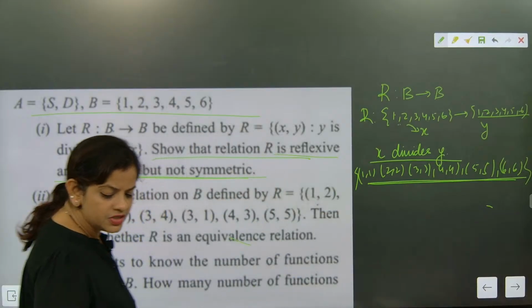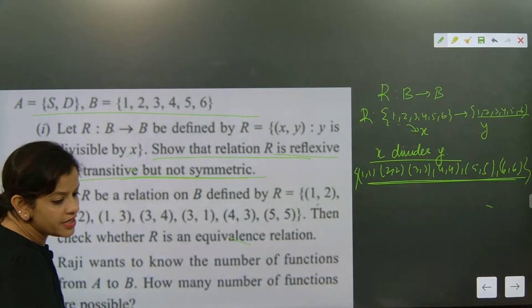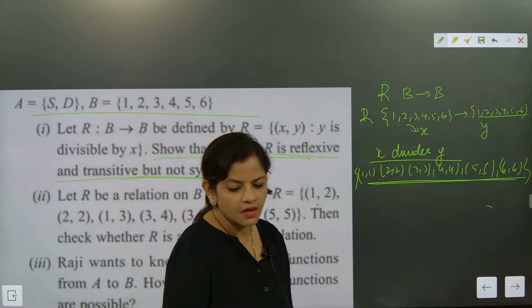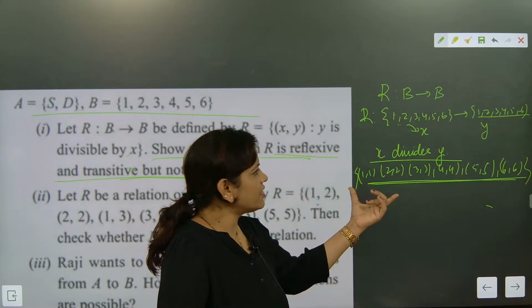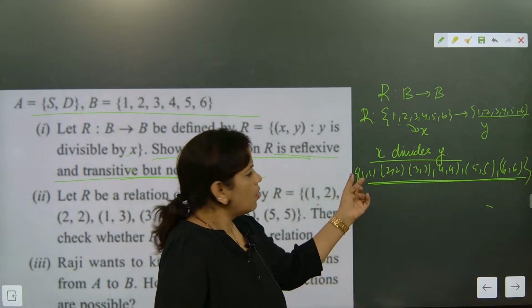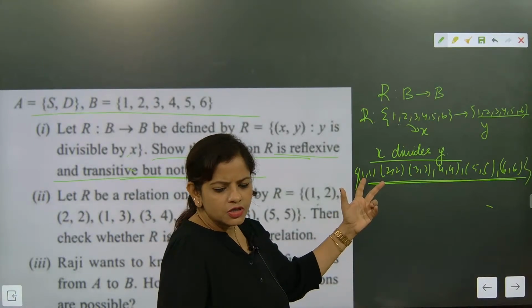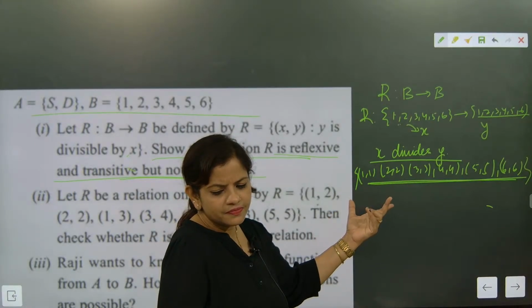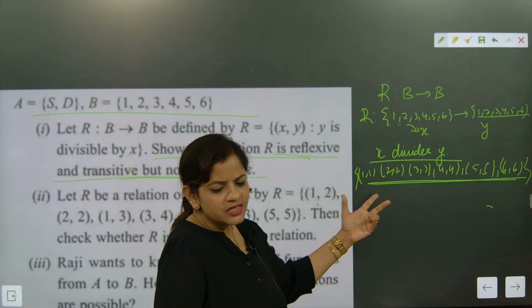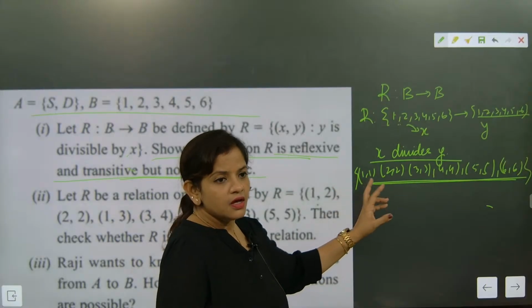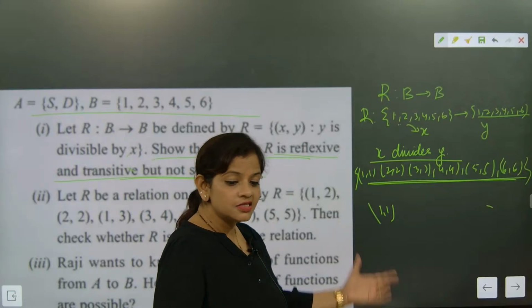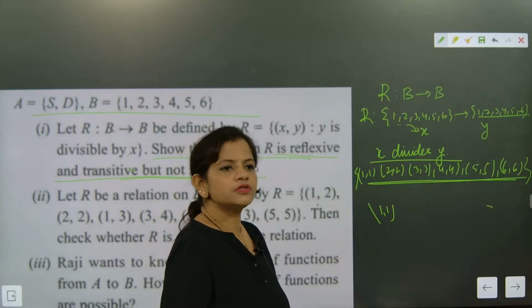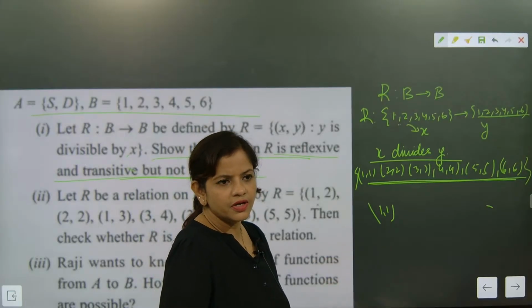A number which is divisible by itself is symmetric also. 1 comma 1, if you invert also, it is symmetric all the time. Are you understanding? 1 comma 1 is always symmetric. It is transitive also and it is reflexive also. All three it is going to be.